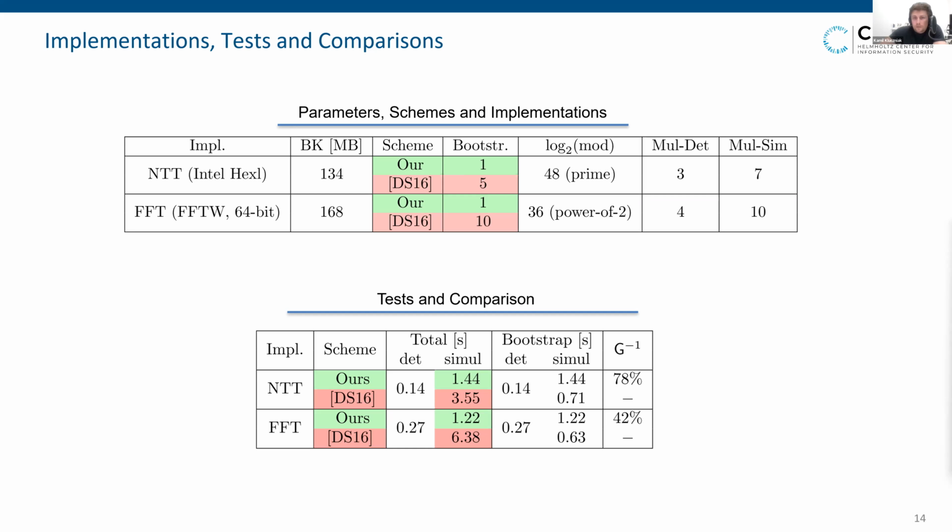So that's why sanitization in the fast Fourier transform based implementation is much faster. In both implementations, sanitization for DS16 is slower because we need to repeat bootstrapping 5 or 10 times.